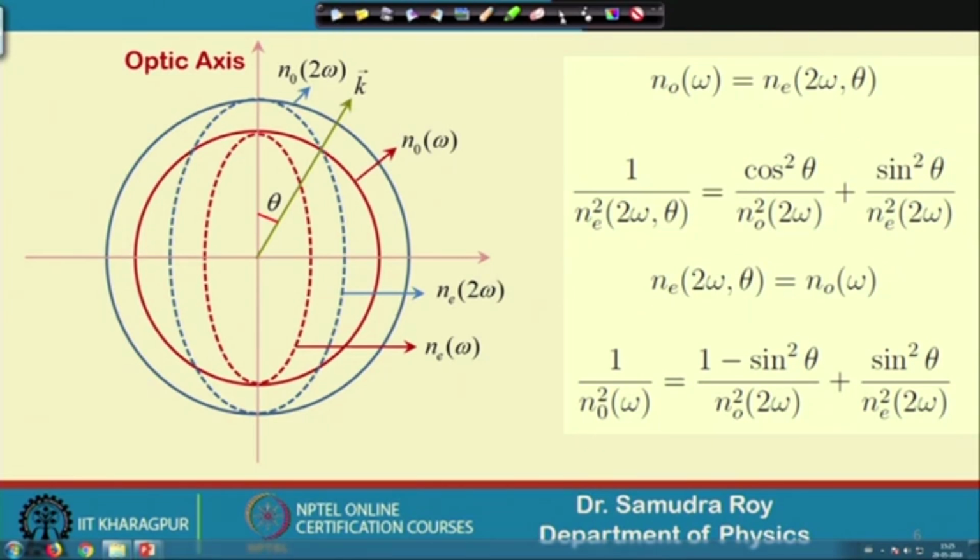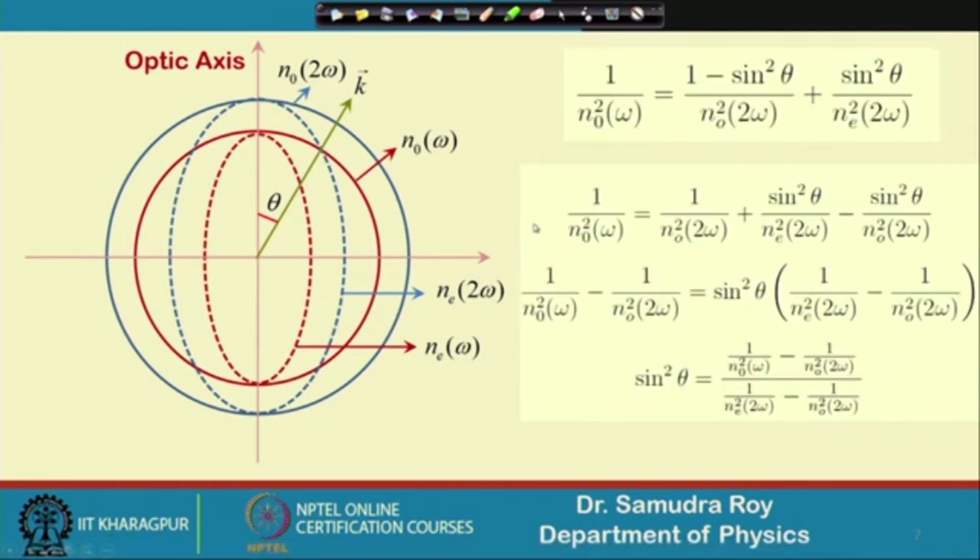Once I have this form, the next thing is easy, we just replace this. So, the next step is to simplify. So, 1 minus n_o squared of 2 omega, I will put it here, and then I just write minus sin squared theta, n_o squared of 2 omega here.